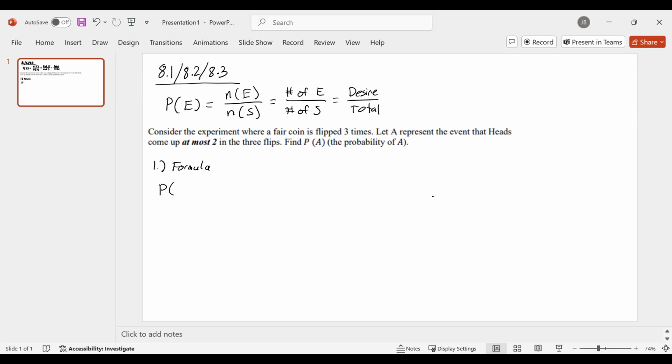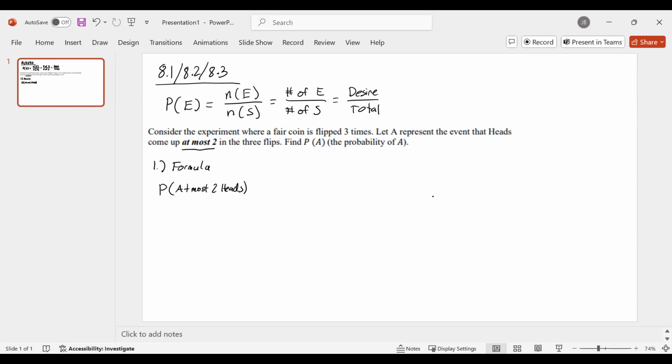So the probability, right? And I always tell students, just write out what it says. I want at most 2 heads. Okay. That's what I want. Now, there's another way of writing this.